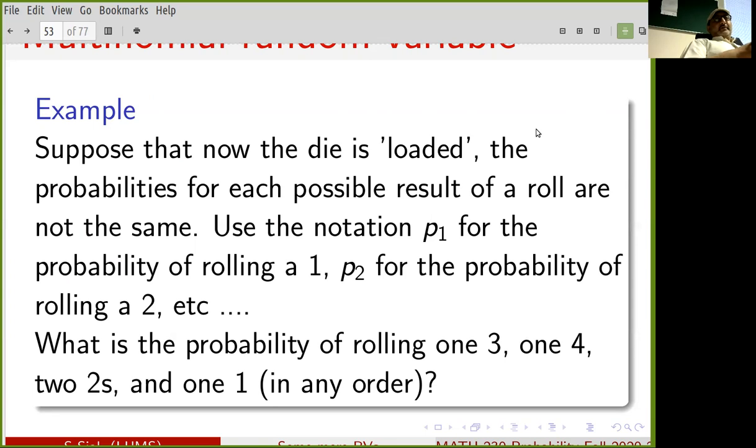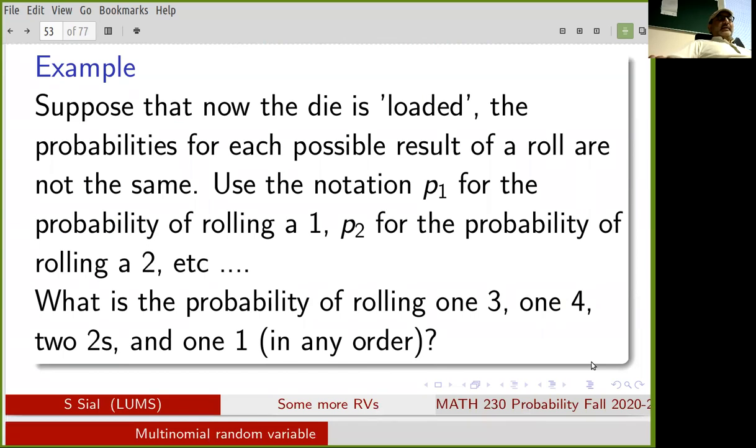Well, all of those possible sequences are independent of each other, so we could just add up all the probabilities. The first thing we want is the probability of any particular sequence. That would be P1 times P2 squared times P3 times P4.